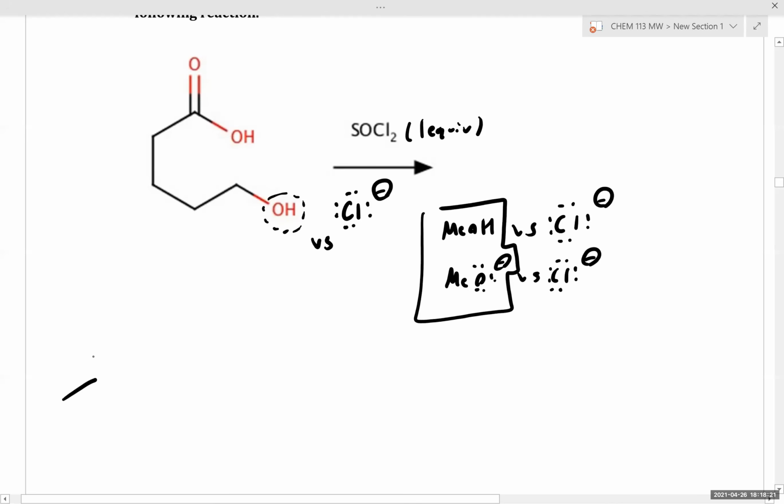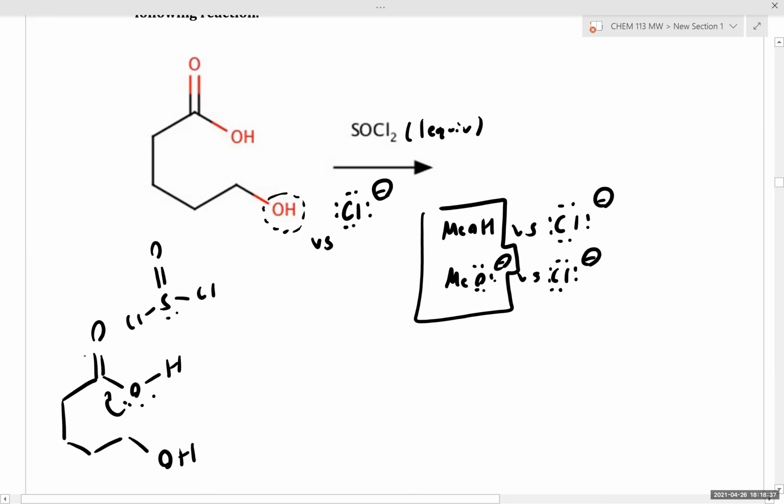So in terms of the mechanism for this reaction, just like always, we have our carboxylic acid and we have our alcohol. The carboxylic acid will react with the electrophilic sulfur atom of thionyl chloride.